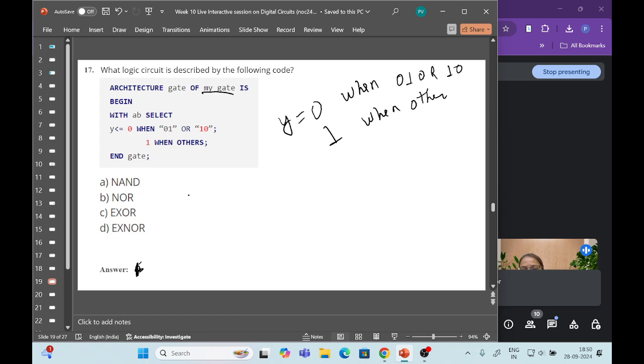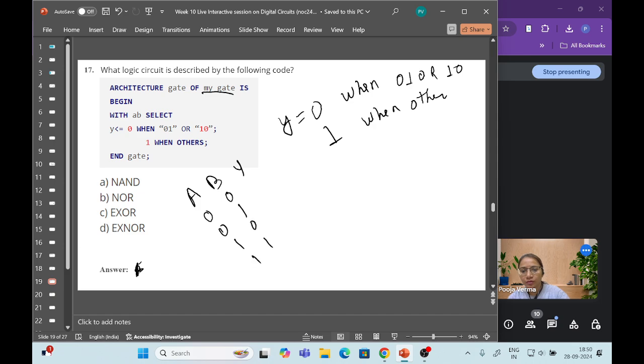For the NAND gate, AB are inputs and Y is the output: 0 0, 0 1, 1 0, 1 1. What will be the output for a NAND gate? For 1 1 it is 0, right? But here it is given 0 when 0 1 and 1 0, and 1 for the others, so that option is not correct.